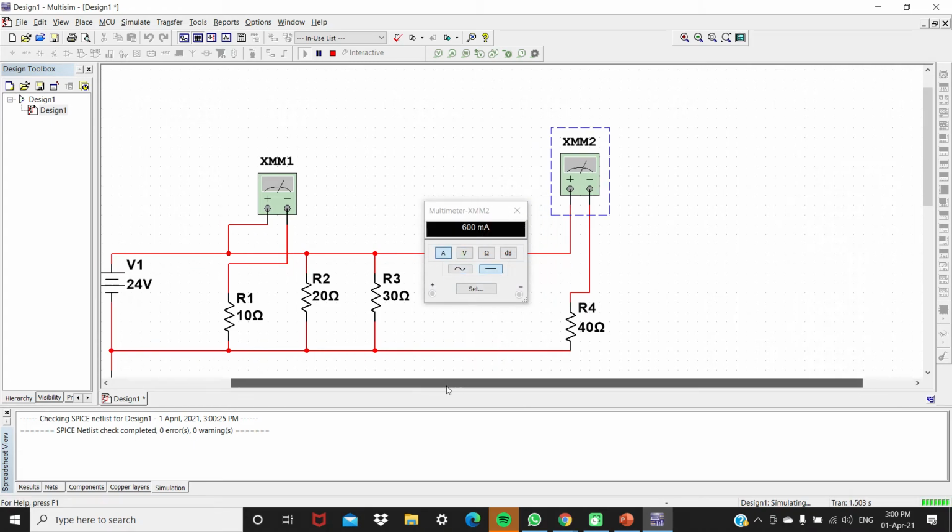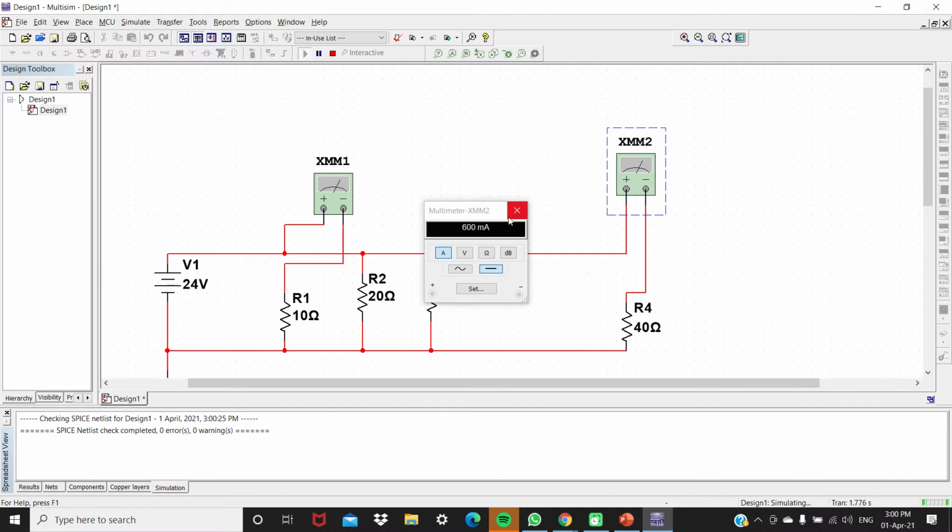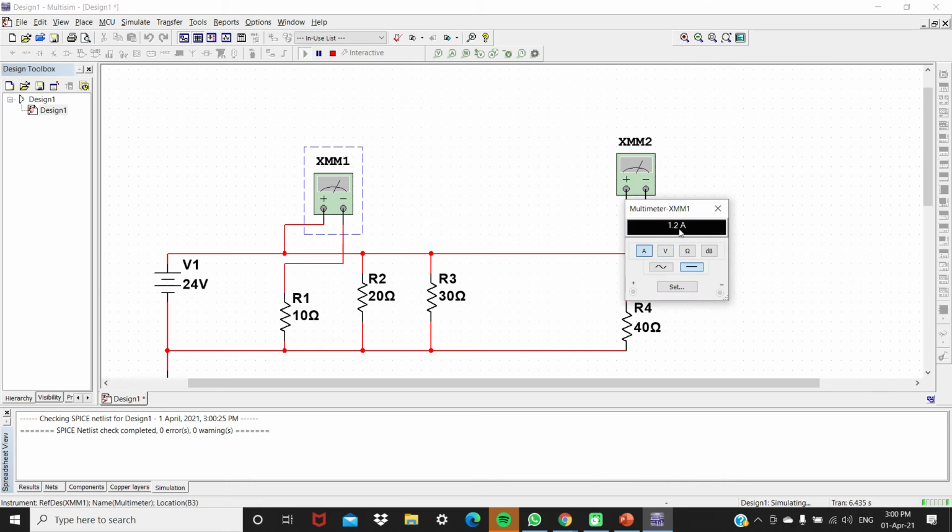See? It's lower. Remember what I said yesterday? If your resistance is high, that branch is going to get less current. Okay, now let's see the current at XMM number 1. It's 1.2 mA DC current.